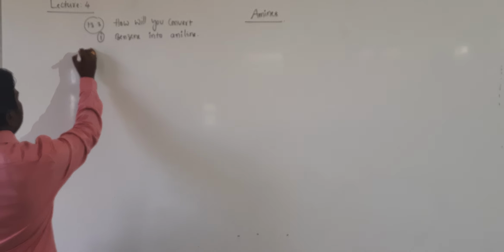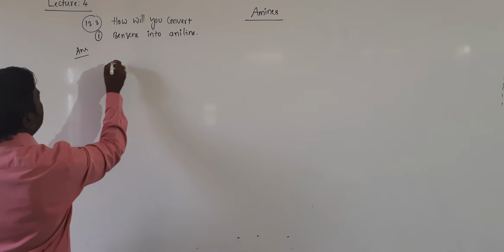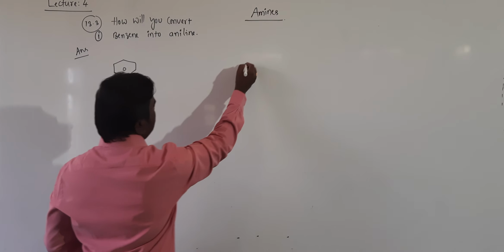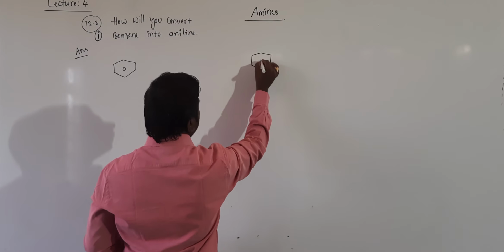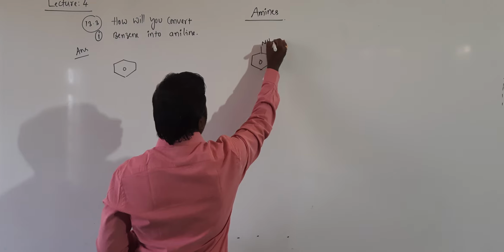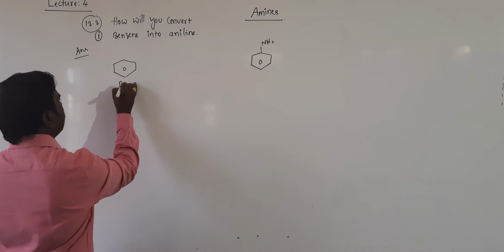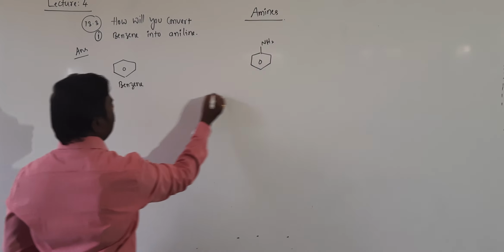Now answer for this question is benzene. We need aniline. This is aniline, students. So how many steps are required? You need to know. It is benzene. Next one, it is aniline.